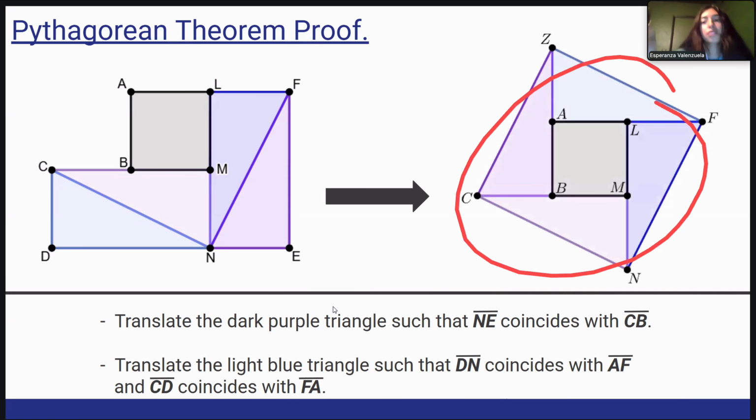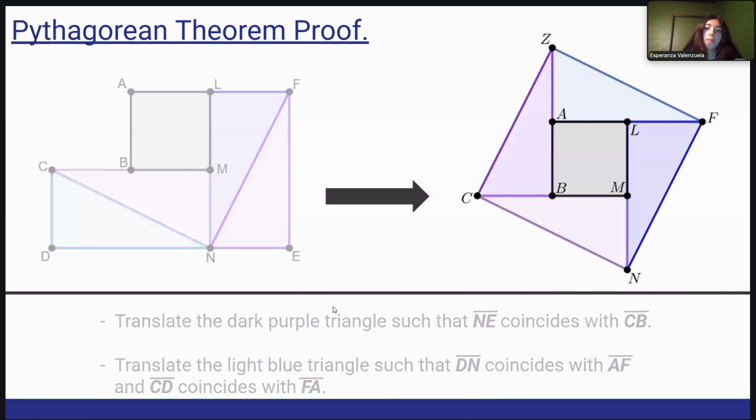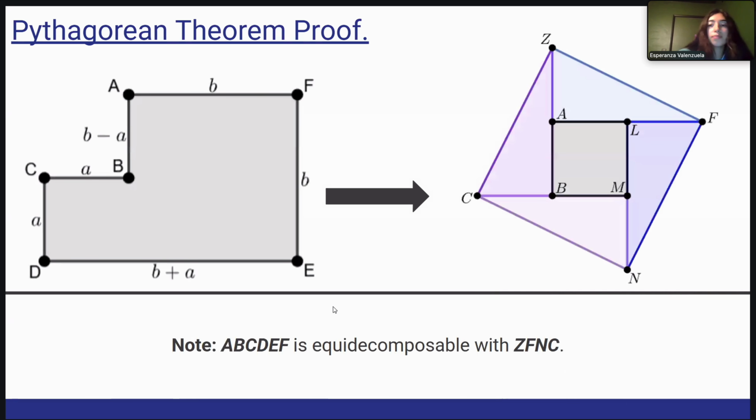And now we have this polygon right here. It's important to note that these two polygons are equal decomposable, because we just dissected them and then moved them around with rigid motions.